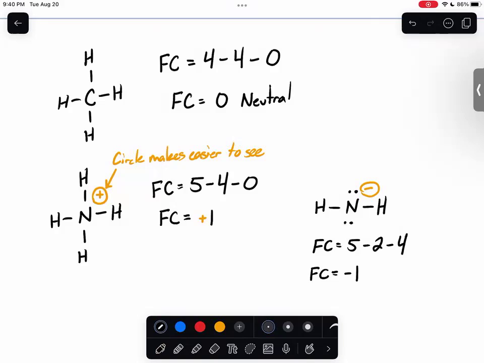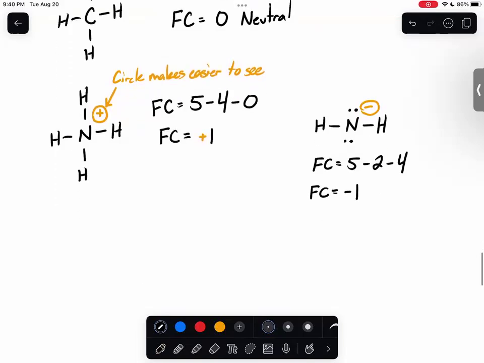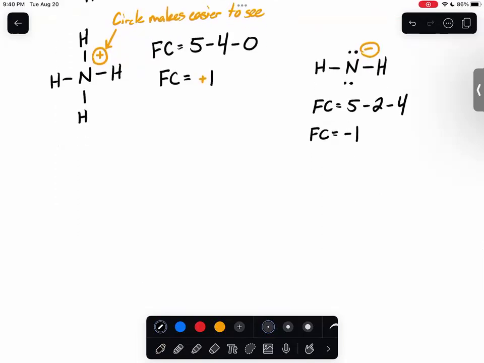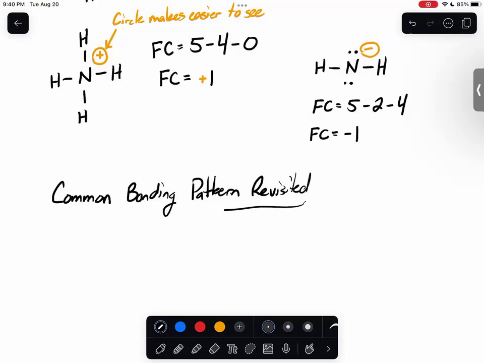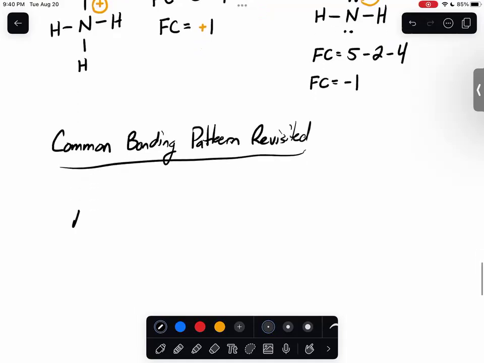And that is actually where we bring in an extended version of that common bonding patterns, and we look at what it looks like whenever we have charges. So this is our new common bonding pattern sheet, which we'll just call revisited, where now if we look at a specific atom, there are a couple forms that it can come in.